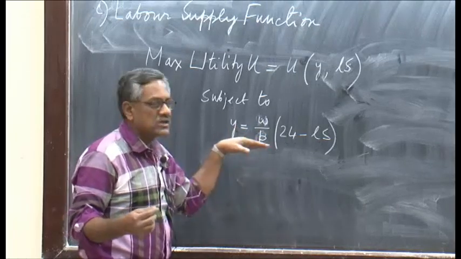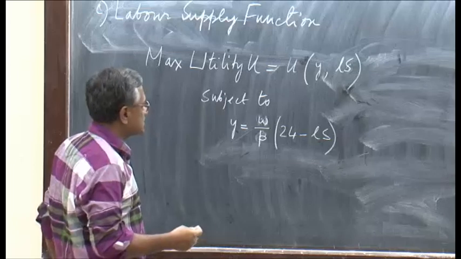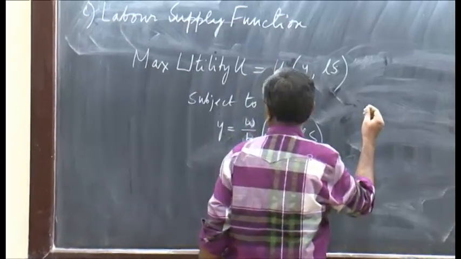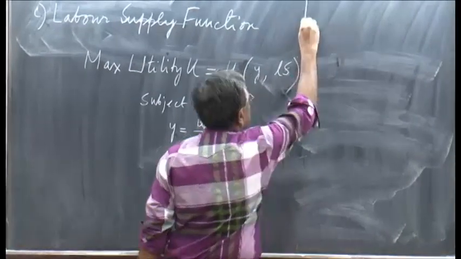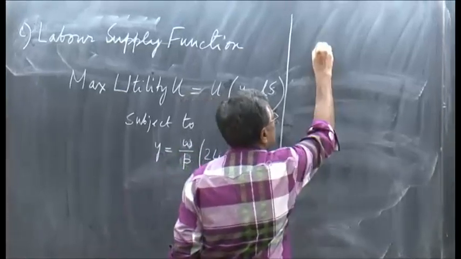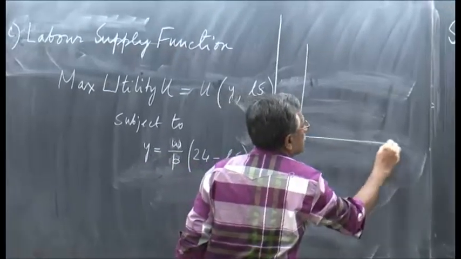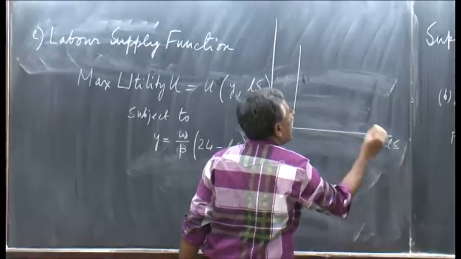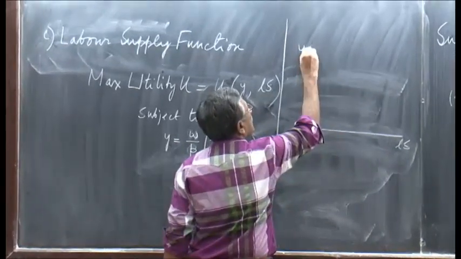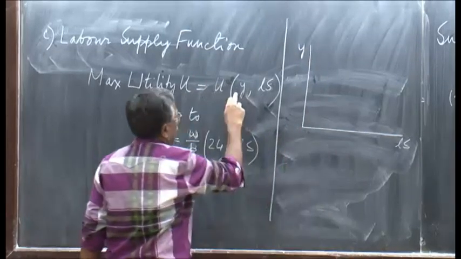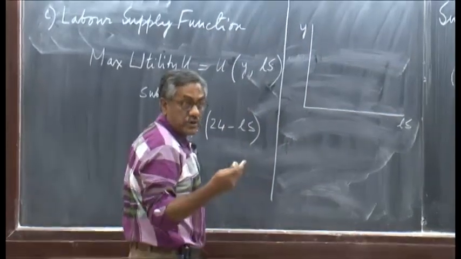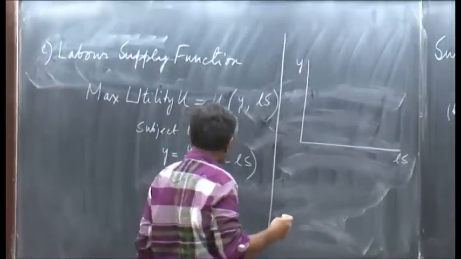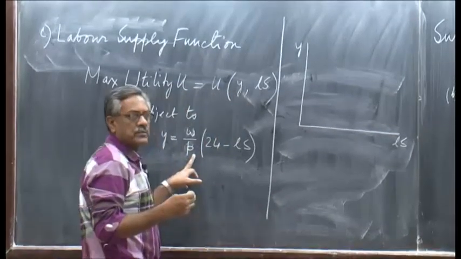Now, suppose you draw the constraint against an axis, a diagram. Suppose you have leisure and you have Y, the two goods from which you get utility. How would the budget constraint look? It's a linear line.